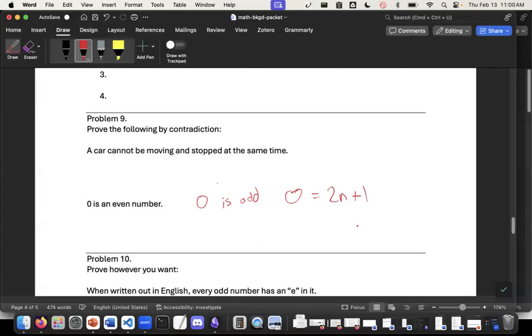And so you subtract 1 from both sides, and then divide by 2. So we get n over here is equal to what? Yeah, -1/2.